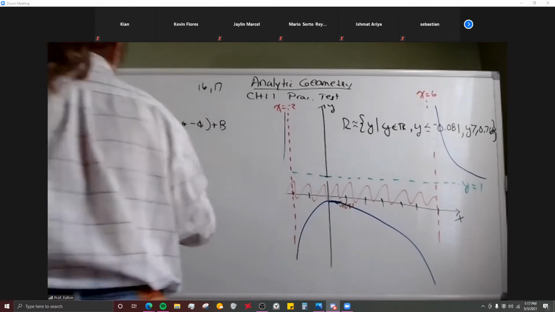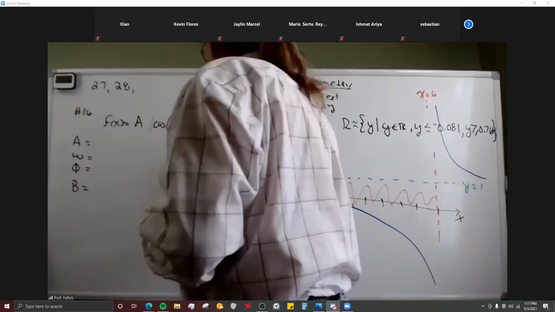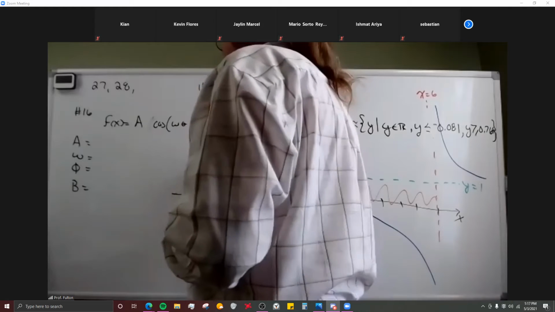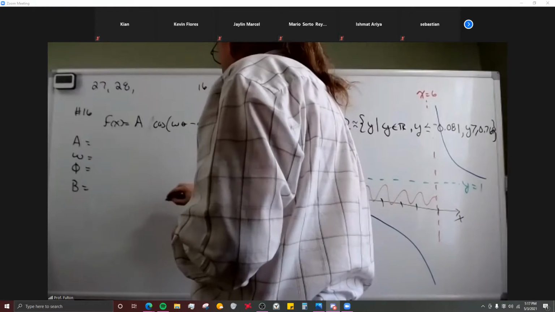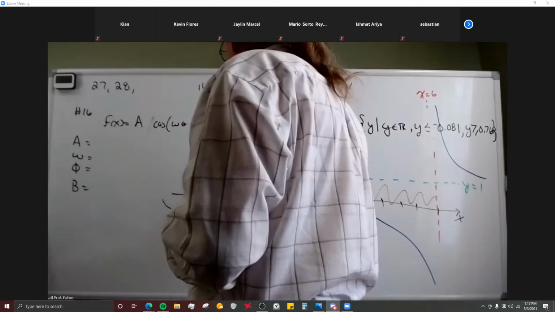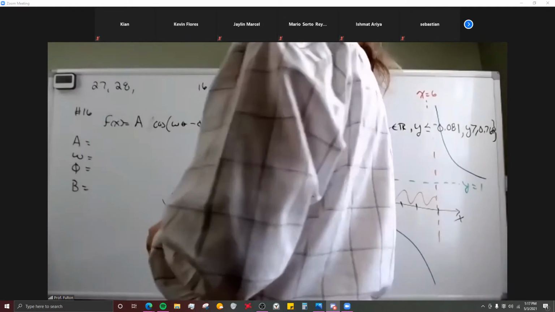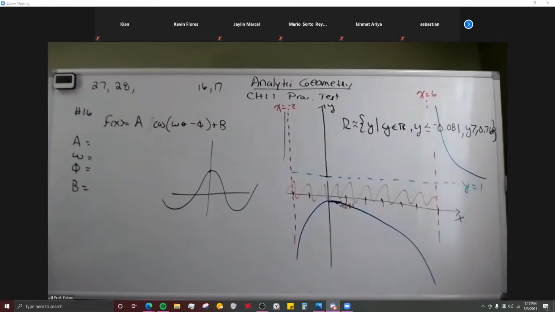And it's a cosine. Remember what the cosine looks like. Cosine starts over here and kind of goes this way. So that's what it kind of looks like. So we know that going into the problem. So let me see if I can find the textbook on that.